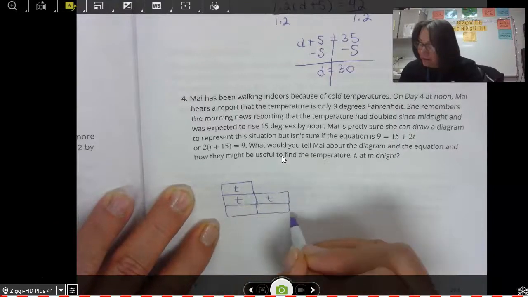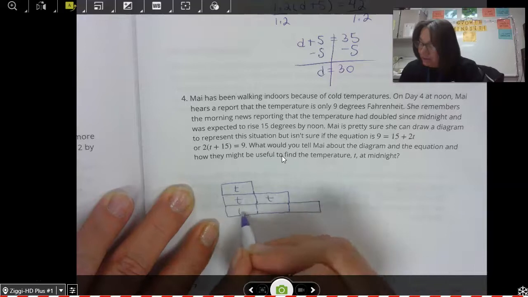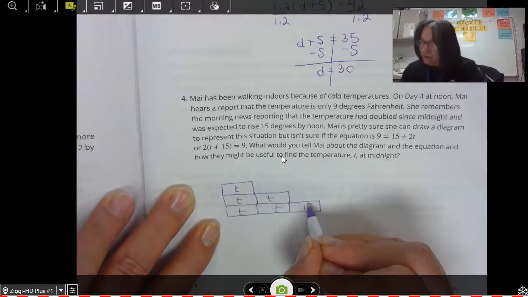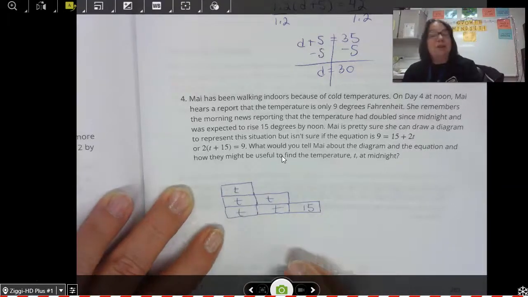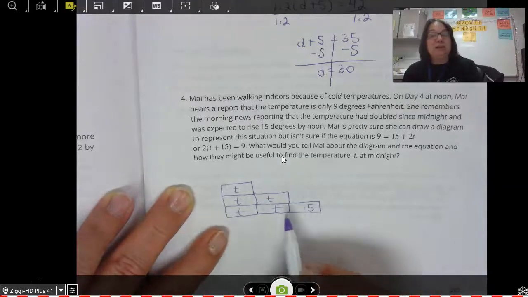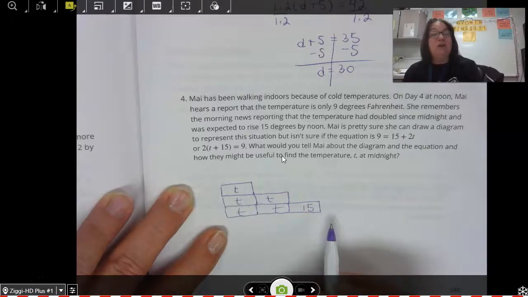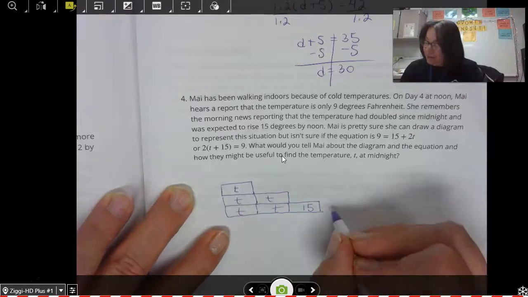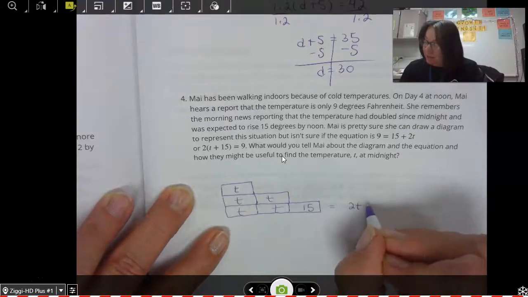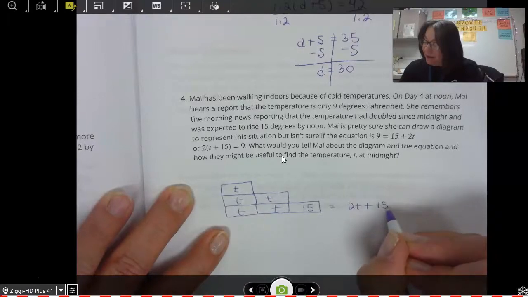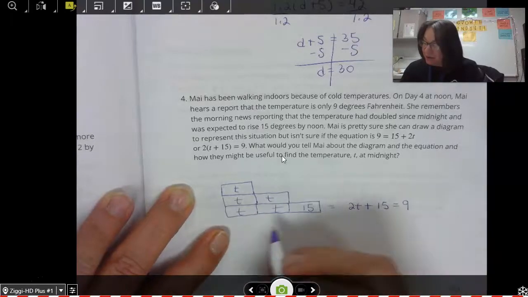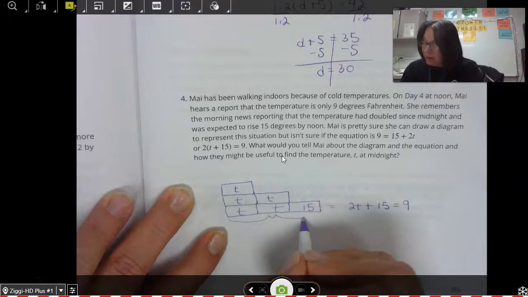So now you have the 2 t's, and it rose 15 degrees. So now which equation would represent this? Do you have 2 groups of t plus 15? Or do we just have 2t plus 15 equals 9? Because we know once it did this, it was equal to 9 degrees.